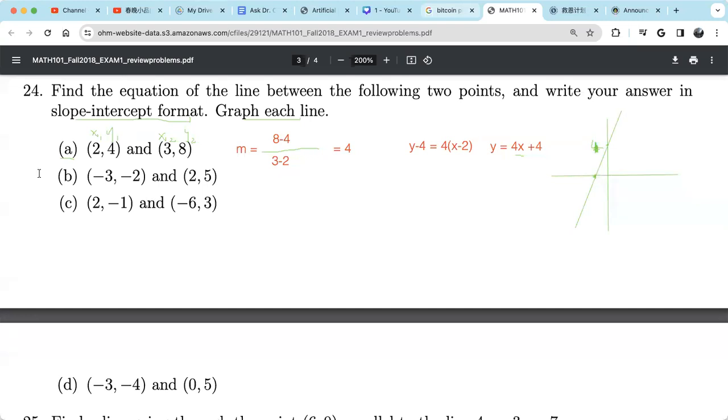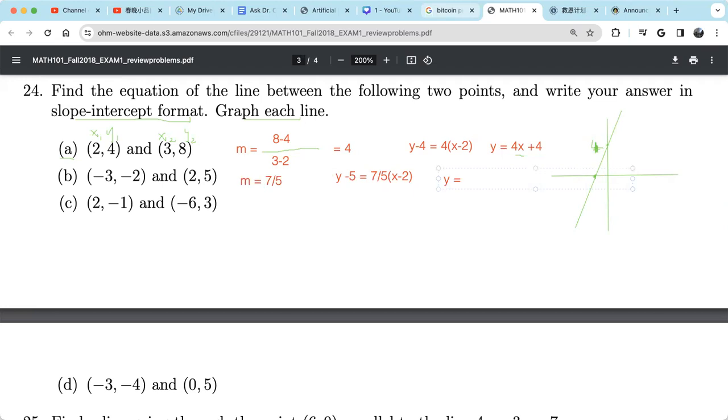Okay, similarly, for this one, the slope equals 5 minus -2, which becomes 5 plus 2, which becomes 7. Then 7 divided by 2 minus -3, becomes 2 plus 3, becomes 5. So the slope is 7/5. Then plug into the second point, y minus 5 equals 7/5 times x minus 2. Then simplify.